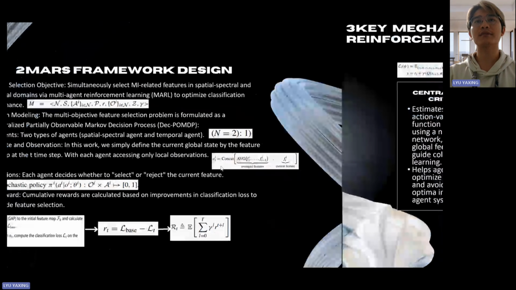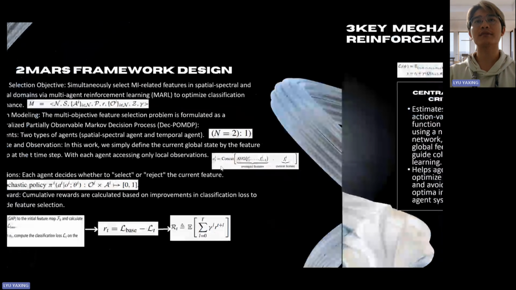The centralized critic estimates the joint action value function Q-state, using global information to guide agents toward collaborative strategies, avoiding local optima and improving efficiency. The counterfactual baseline solves the credit assignment problem by quantifying each agent's marginal contribution, comparing the current action with alternatives to ensure fair contributions and prevent free-rider behaviors.